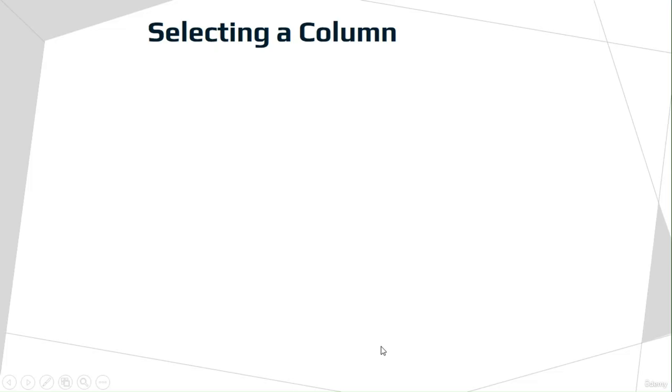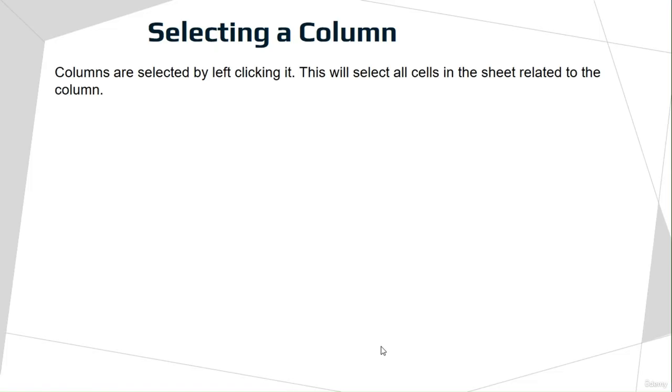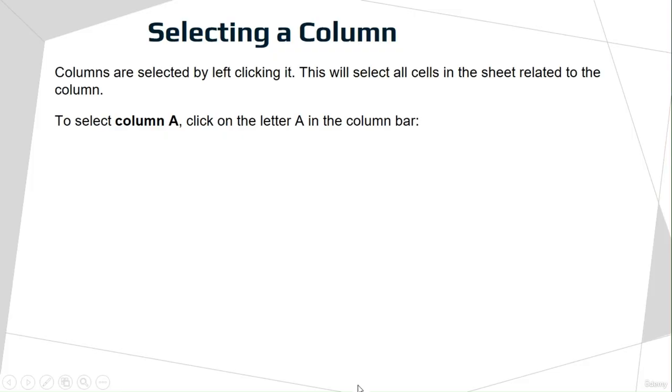The next operation is selecting a column. Columns are selected by left-clicking it. This will select all cells in the sheet related to that column. To select column A, click on letter A in the column bar. Let's look at this.